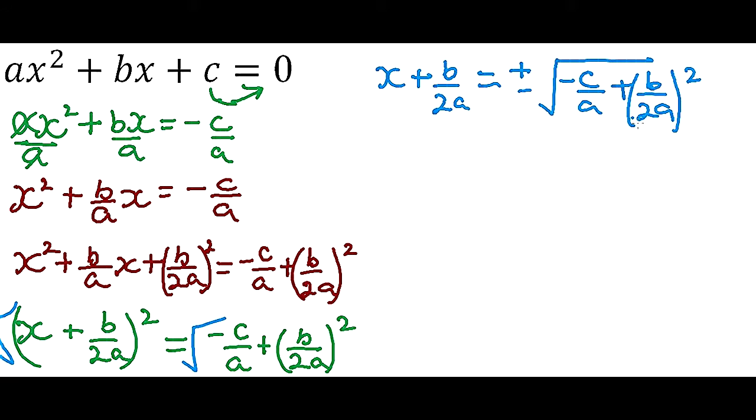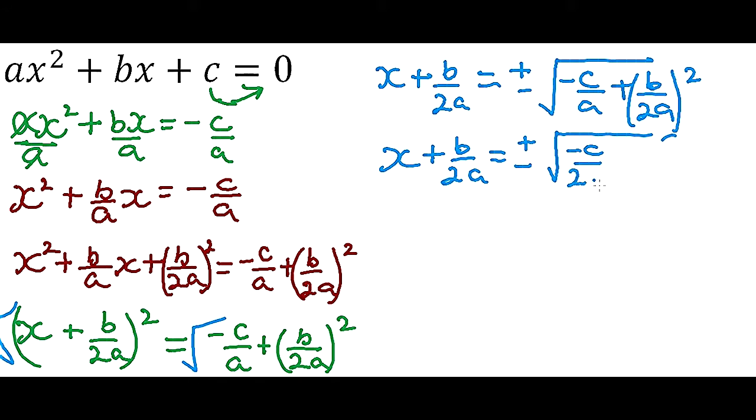Now when we square the right hand side, we will have x plus b over 2a equals plus or minus the square root of minus c over a plus b squared over 4a squared.